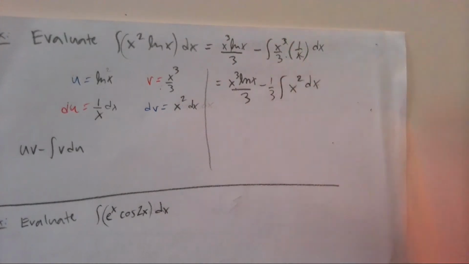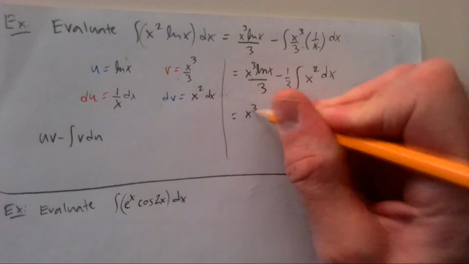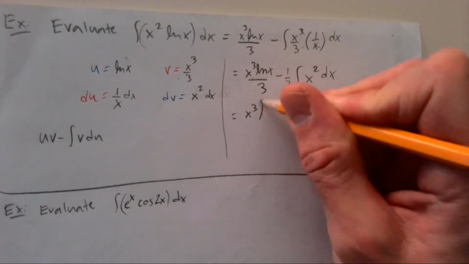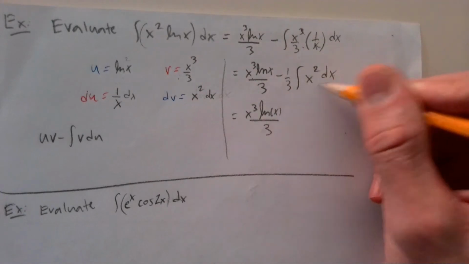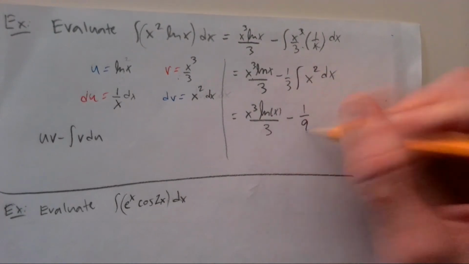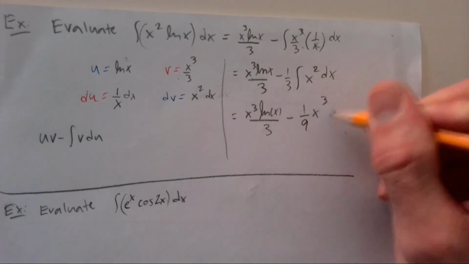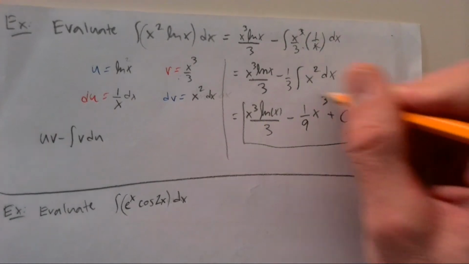Oh man, that's not so bad to deal with. So we get x cubed natural log of x over 3, and when you integrate that, you'll get x cubed over 3. That should make a ninth there. And then don't forget your plus c.